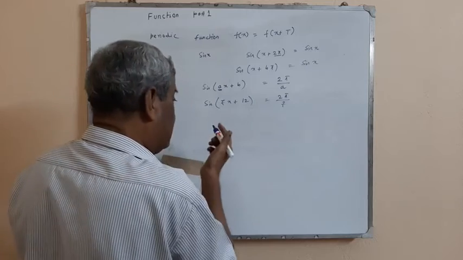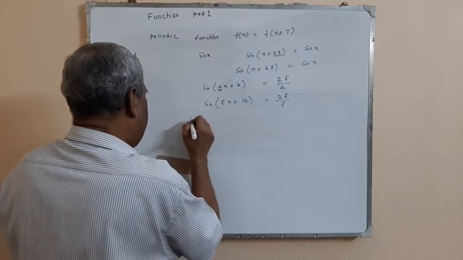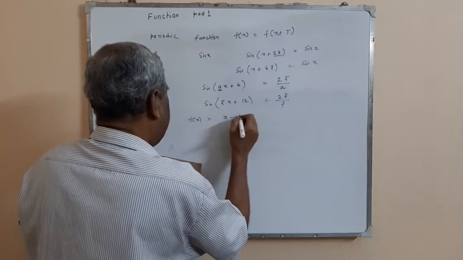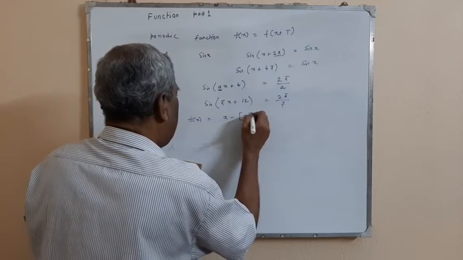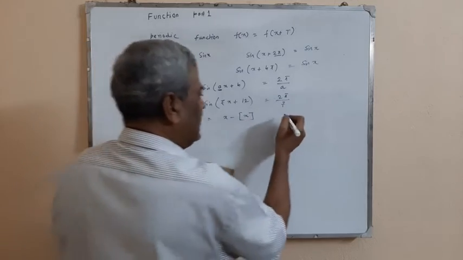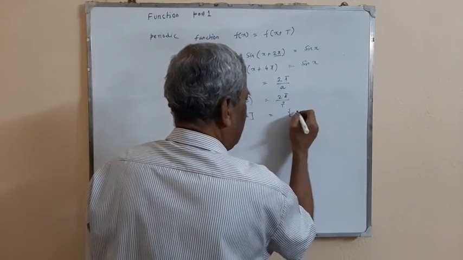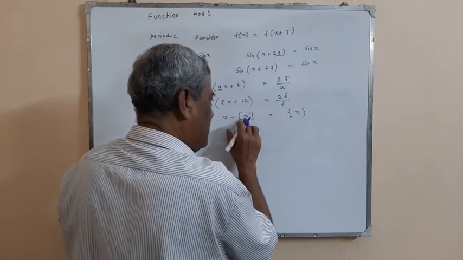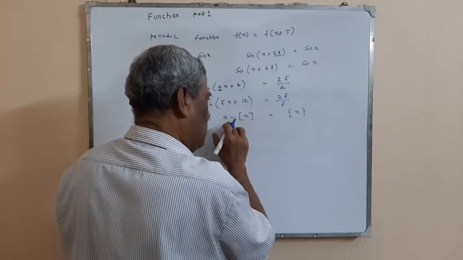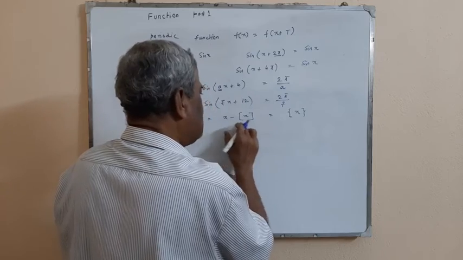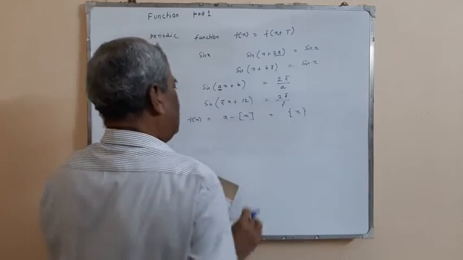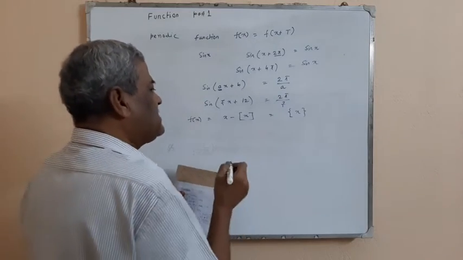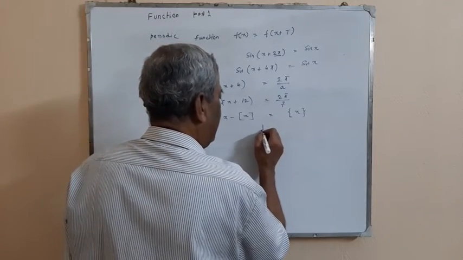The period of this function f(x) is equal to, say, x minus the integral part of x, [x]. This is known as the decimal part of x. From x, its integer is subtracted, so what is left is its decimal part. So it is a periodic function and its period is 1.